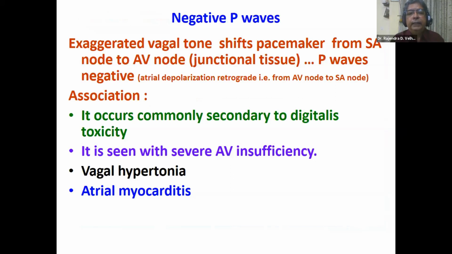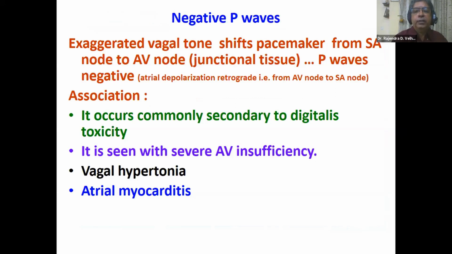Now, when you see negative P waves on the ECG, this is generally because of exaggerated vagal tone, or the pacemaker has shifted to the AV node, and that is why you see the formation of negative P waves.